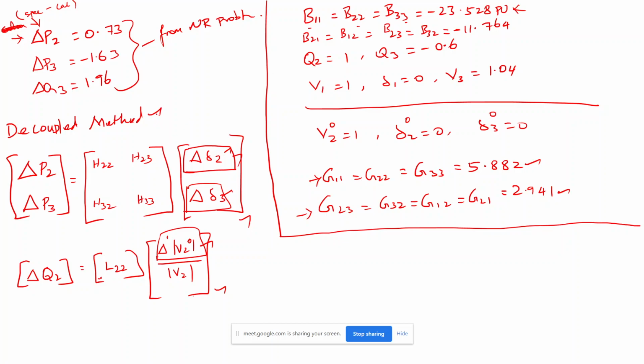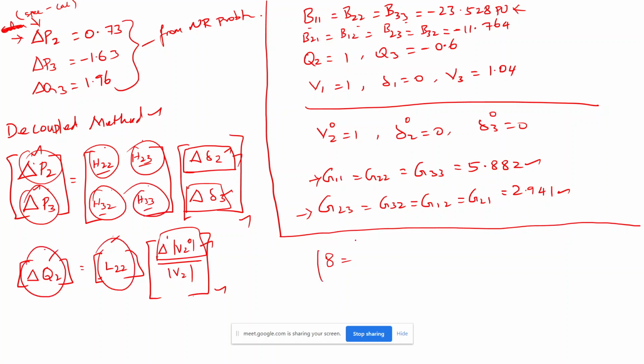So I need to solve these two values, this and this. So 1 2 3 4 5 6 7 8. So 8 values I need to find out from this, this and this.